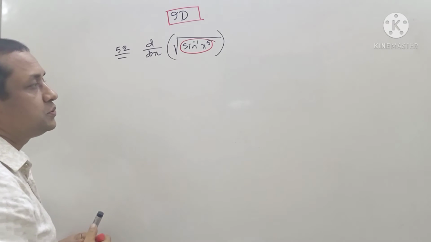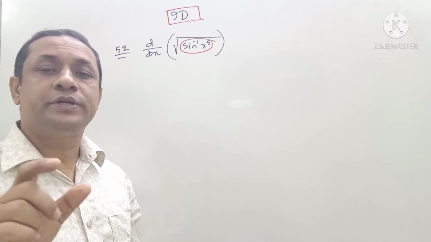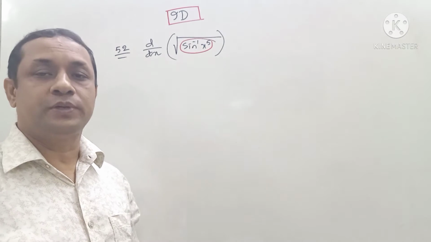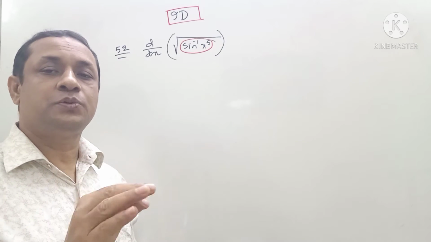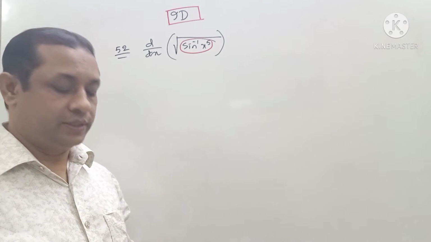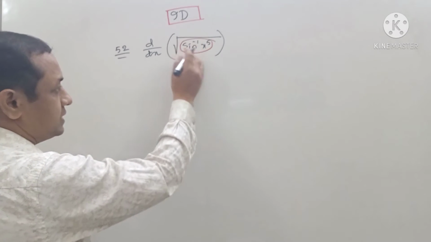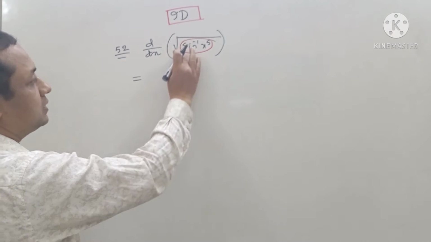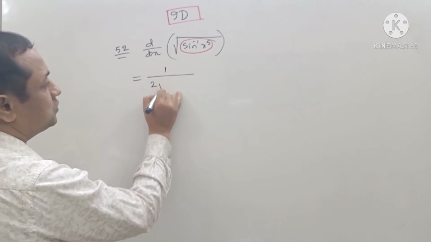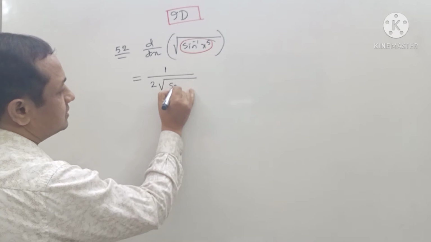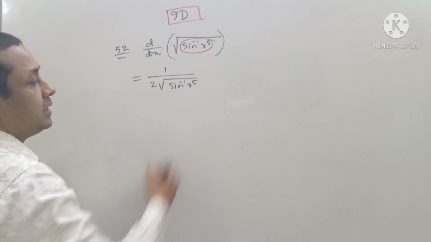We know that, student, d/dx of root x equals 1 by 2 root over x. So here (sin⁻¹x)⁵ is x. Now using the formula, root over x means 1 by 2 root over x, where x means (sin⁻¹x)⁵.